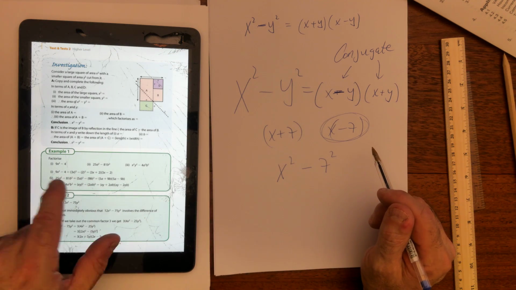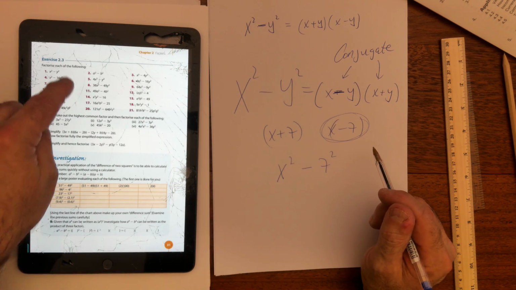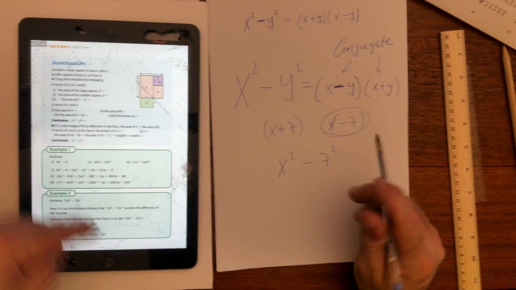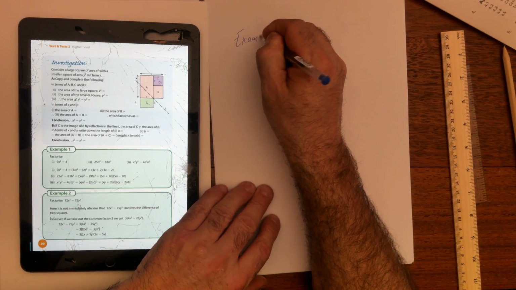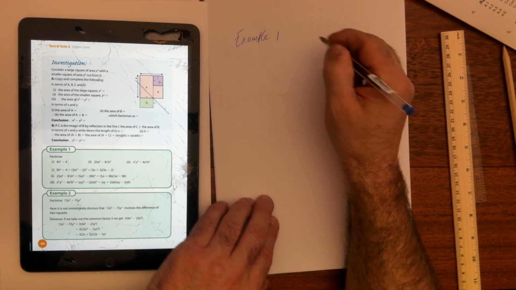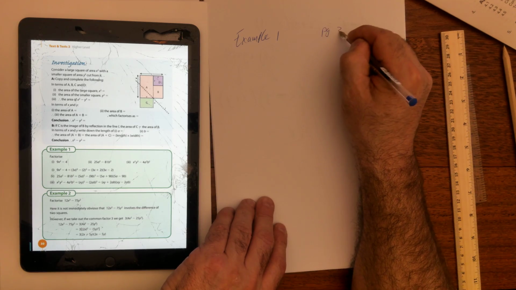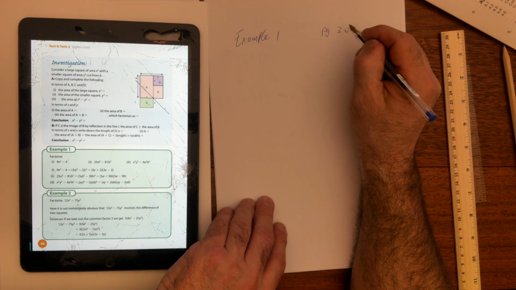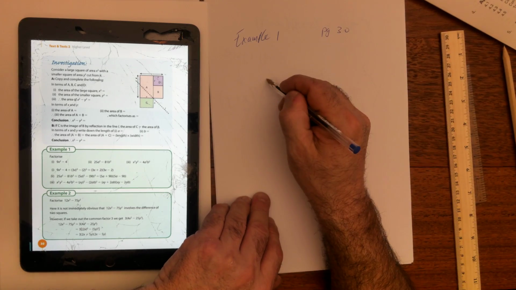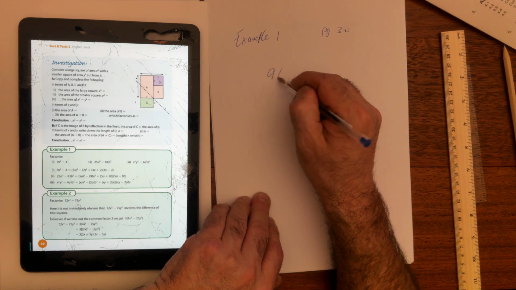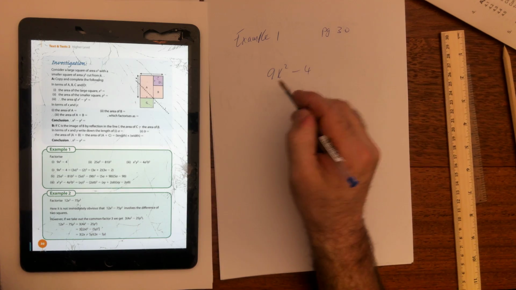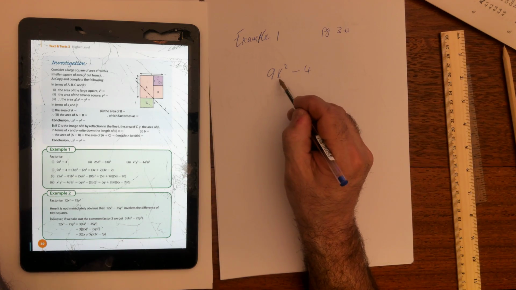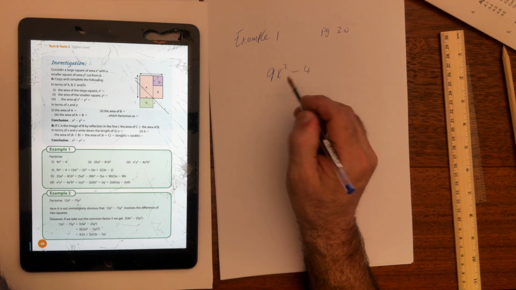The book is really only focusing on going in one direction here and not the other. So I'm going to give you some extra challenges to do, but I'll do what's in the book to begin with. Let's do example 1 from page 30. Factorize, 3 factorizations we need to do. 9x squared minus 4 we start with. The issue with this is it's not written as a square because of the order of operations.